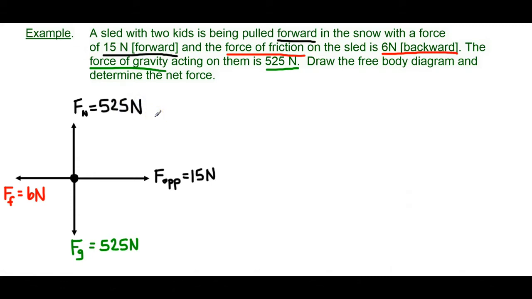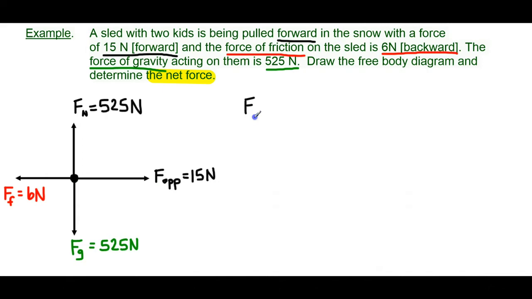So now, what they want us to do is find the net force. Well, we're going to start off by looking at it in both directions. So remember I said we're going to just break it down into vertical, what's happening vertically, and what's happening horizontally. So let's start with vertically. What's happening vertically? And we'll call that the y direction.